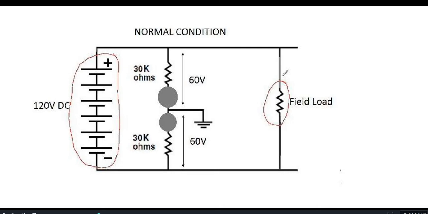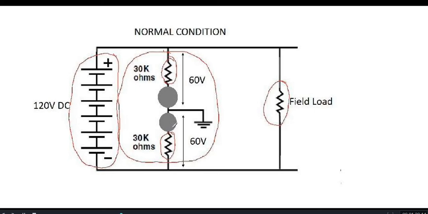Now in the DC-DB we can see there is an arrangement. This arrangement is made from the factory itself. Here we can see a resistance of around 30k ohms, and here also a resistance of 30k ohms.